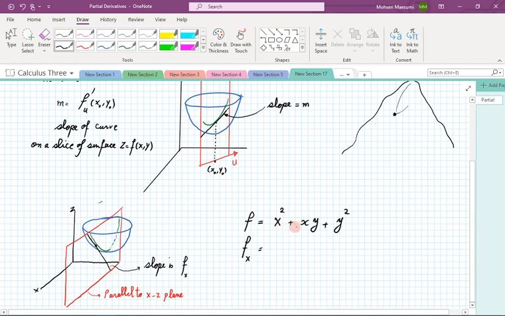If I'm here in my formula and I want to do the same thing, I should remember that y is a constant, because when I am on this red plane, my y is a fixed quantity. So if y is a constant, then the derivative of y squared will be 0, and so on. When we say with respect to x, the derivative of x squared, just as in calculus 1, is 2x.